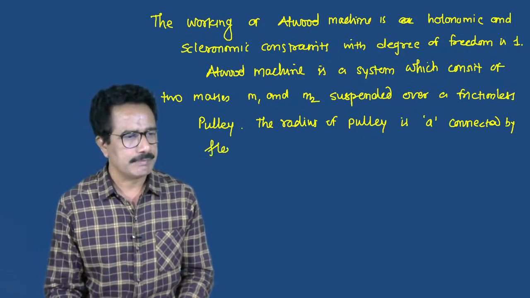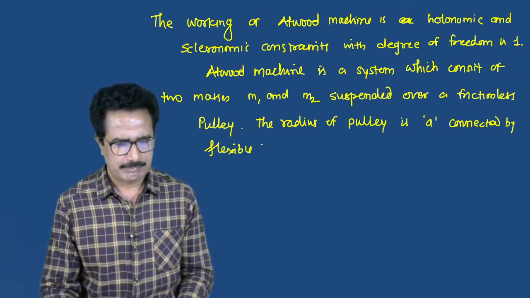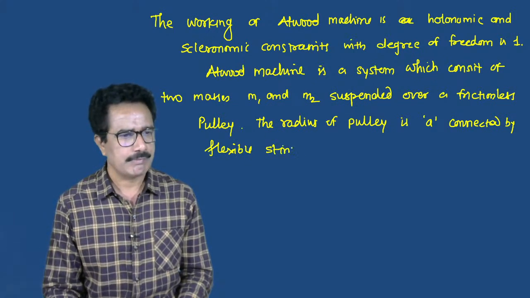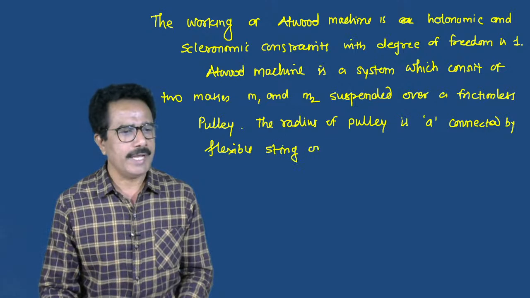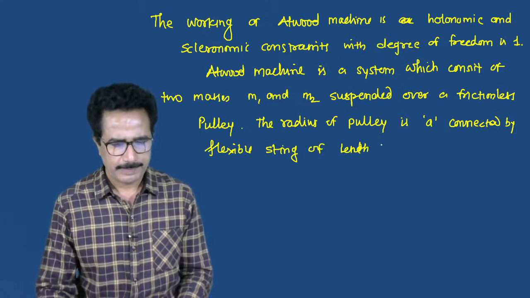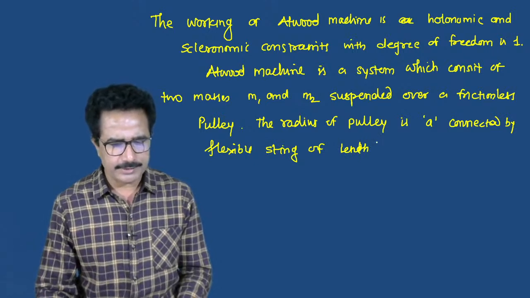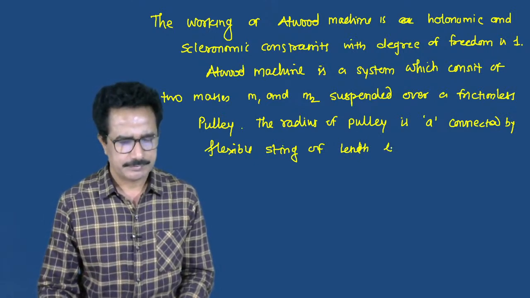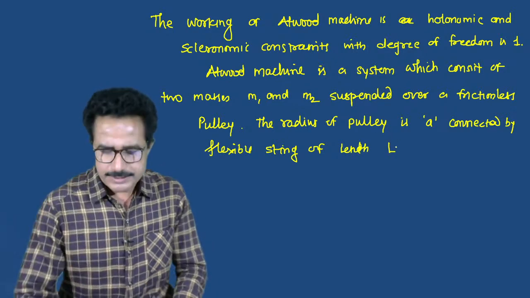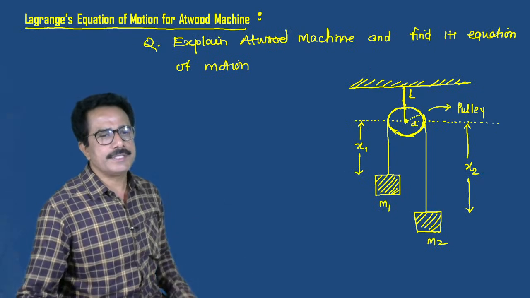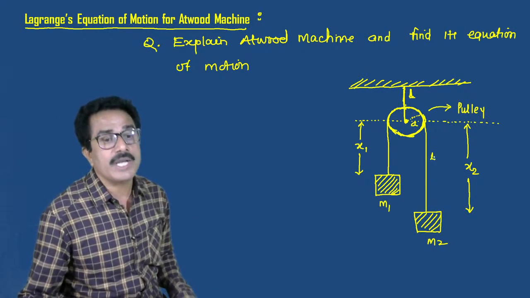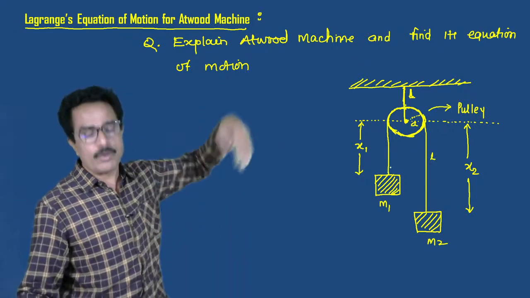of length L. Here capital L. See this length, this length is capital L and this length is small l, length of total rope.